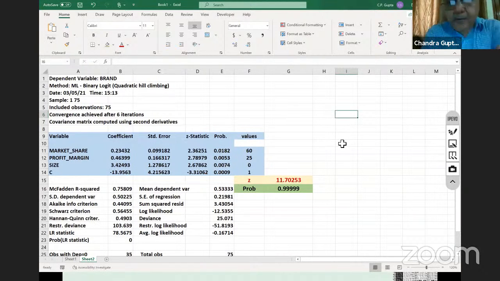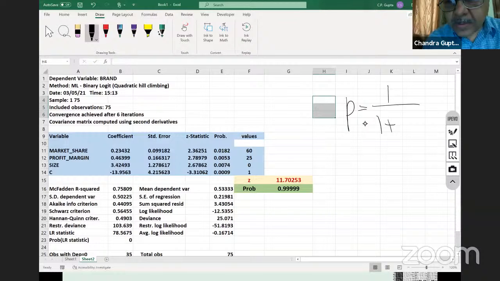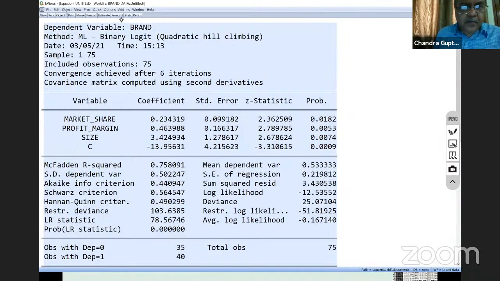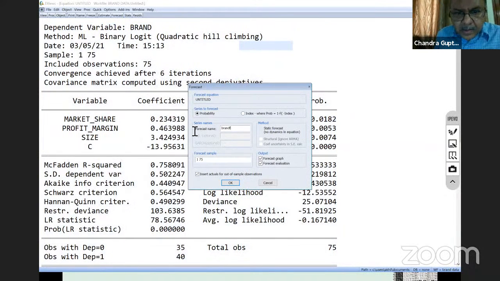So friends, I hope you understand how we get the probability in case of a logit model. The equation which I've used is the probability is equal to 1 over 1 plus e to the power minus Z. And you can also calculate the probability here. So you go to forecast. Okay, so I take probability logit.